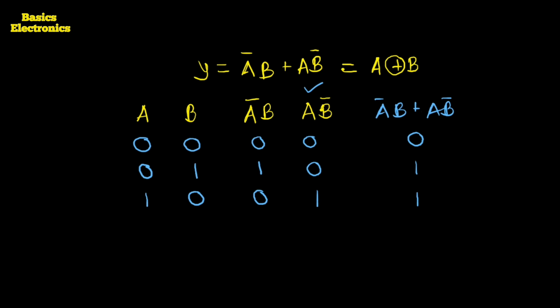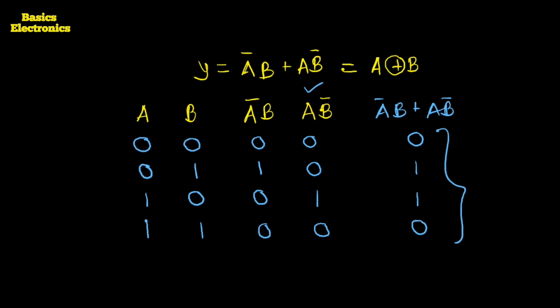Then the last entry comes, and it is A is equals to 1 and B is equals to 1. Here A bar is equals to 0. So therefore A bar B is equals to 0. For the second output we get 0 because B bar is equals to 0. The output we get is equals to 0.